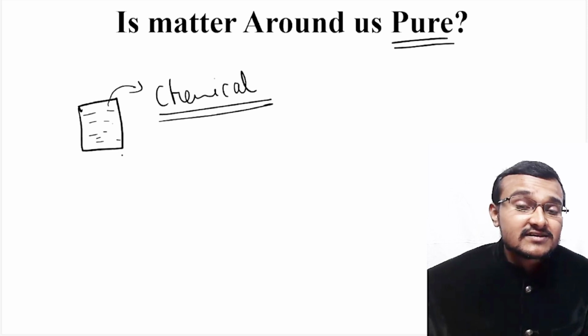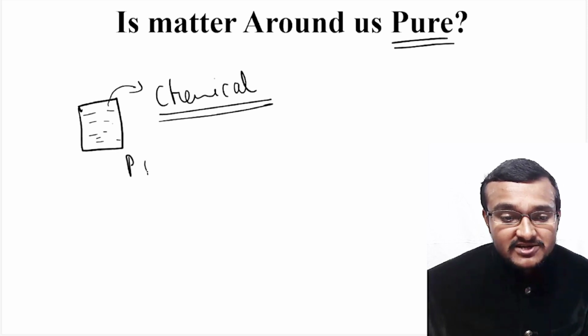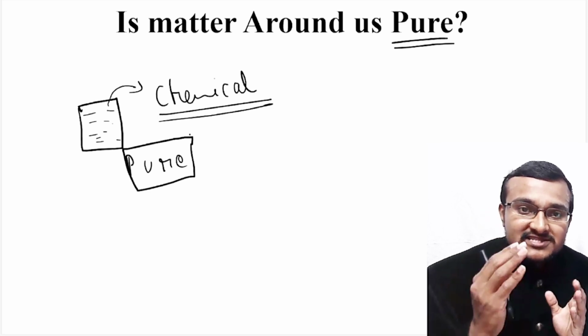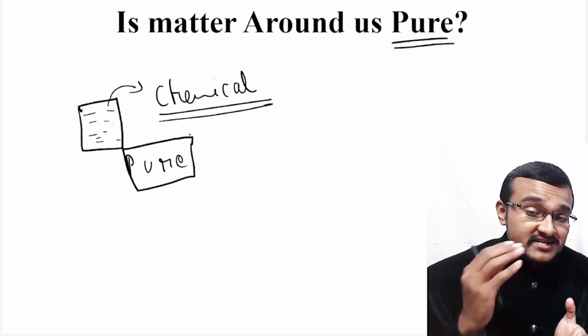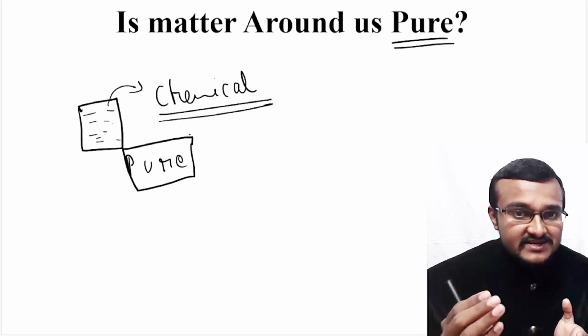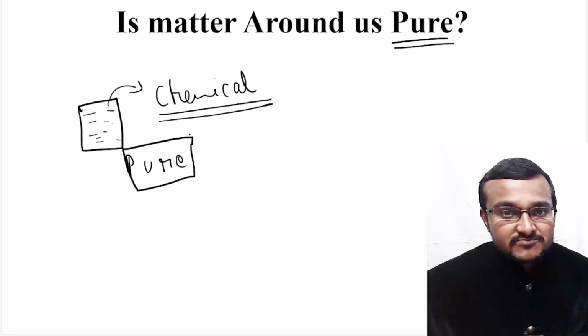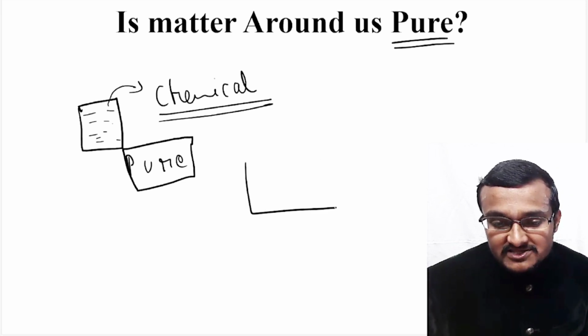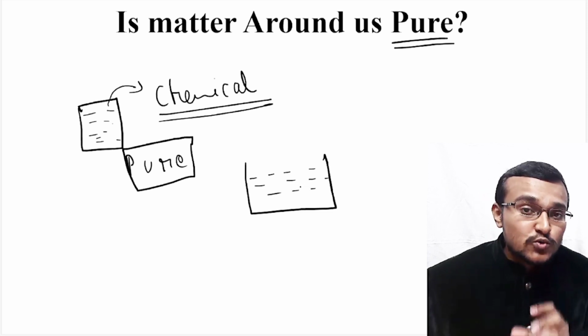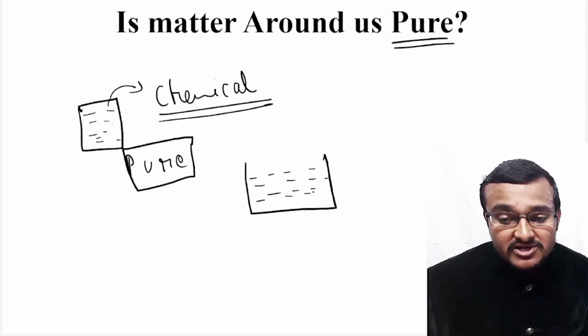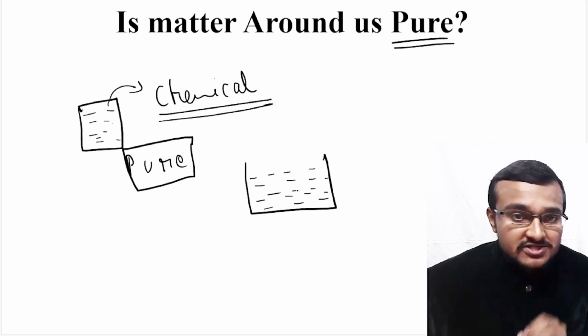But still the company will tell you that this food substance is pure, because pure from a non-science perspective means any substance which doesn't have any unwanted things in it. But from a science perspective, any chemical substance which contains the same chemical combination throughout the substance can be known as a pure substance.